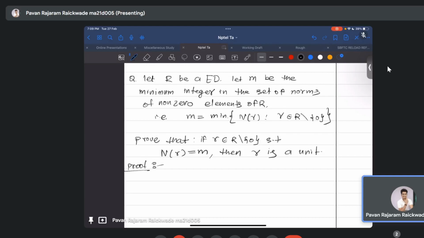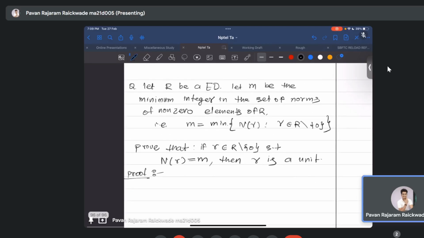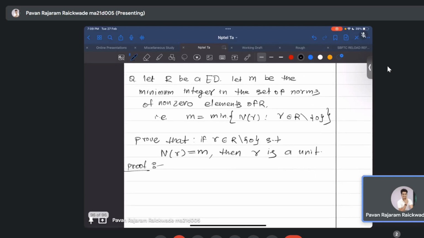So think about this. How do we show this? I have to show that r is a unit.